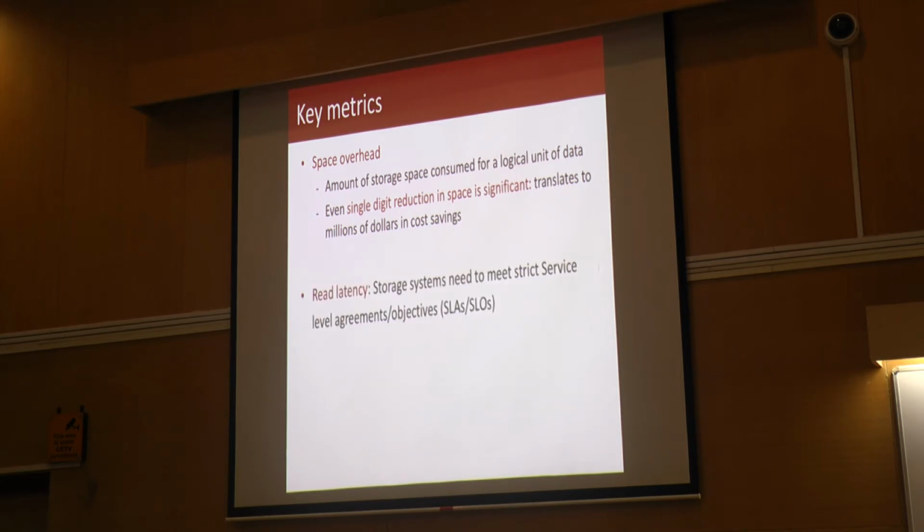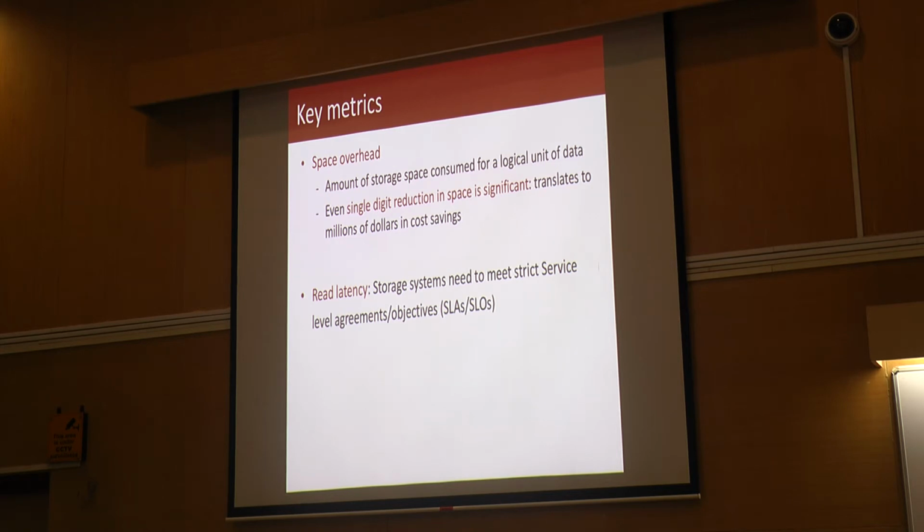The second important metric is read latency. These storage systems need to meet certain requirements from the higher levels, which interact with the storage systems through reads and writes. Typically, many of the systems which do data analysis have immutable data, so read latency matters more; they ingest data through writes and then read.